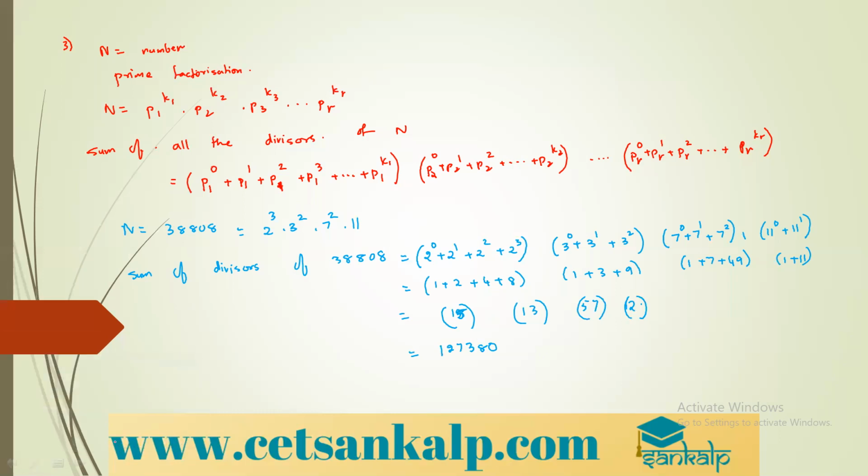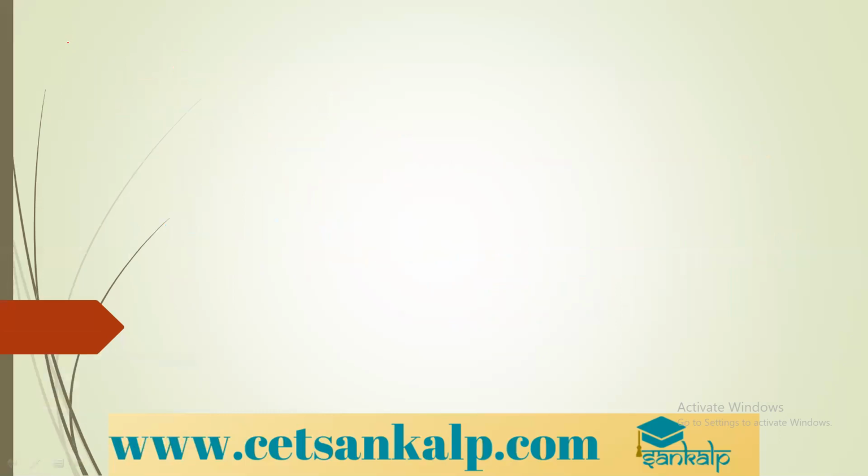Let us go to the next formula, that is the fourth one. Suppose there is a composite number, not a prime number, and we are taking a composite number n.